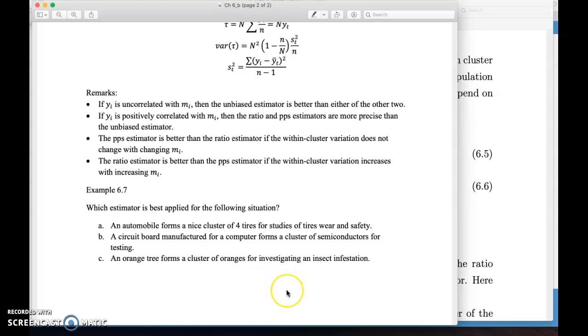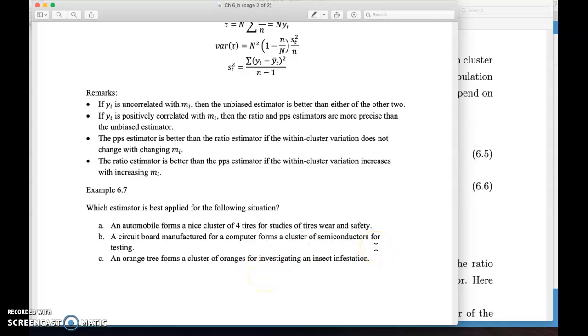And likely, the number of insects infesting the larger trees would be higher. So the variation of yi does vary with the larger trees. If that's the case, a ratio estimator would be more appropriate.